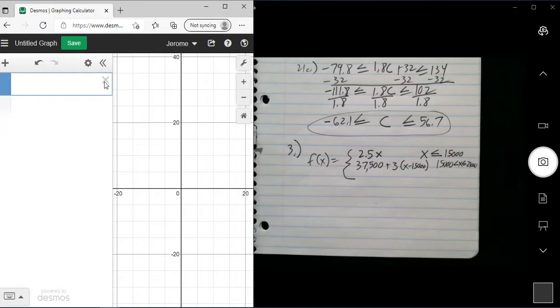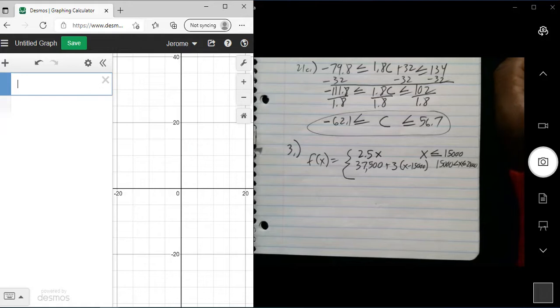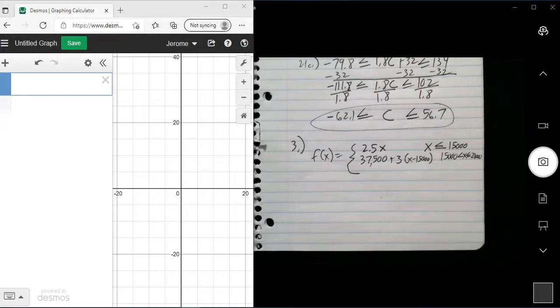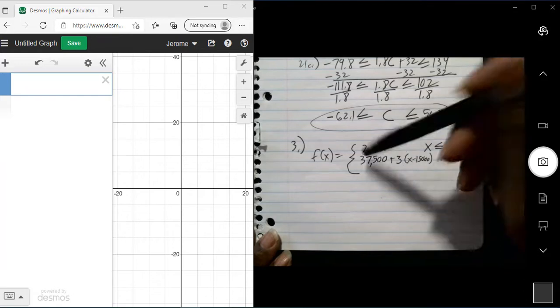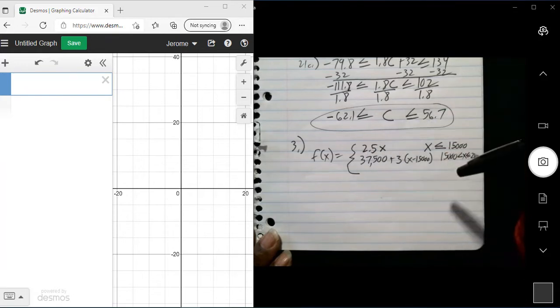So when you get into that 12% for the 6,000 copies, you would have 37,500 plus the extra 12%. Now we have to figure out what the 12% is giving us. Okay, now if you notice here, we got x minus 15,000 copies. So with that being said, okay, class, we made $37,500 from the sale of the first 15,000 copies.